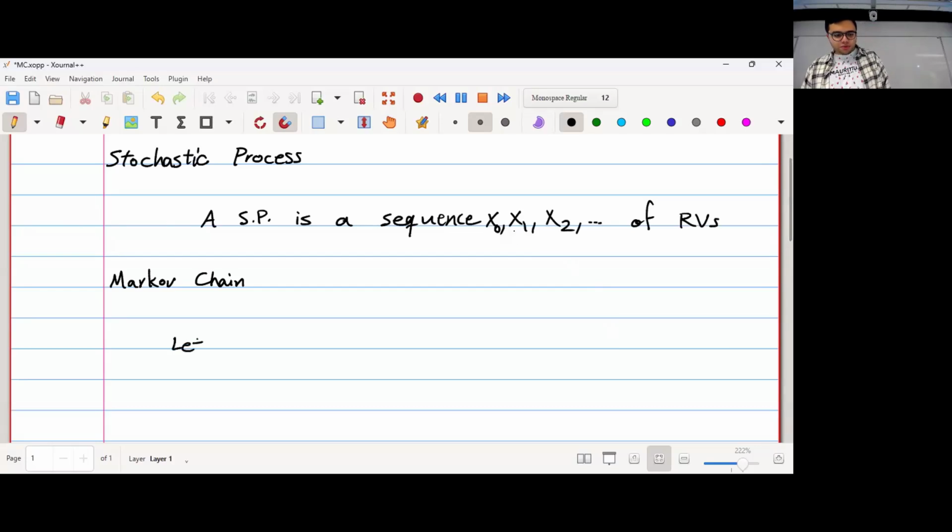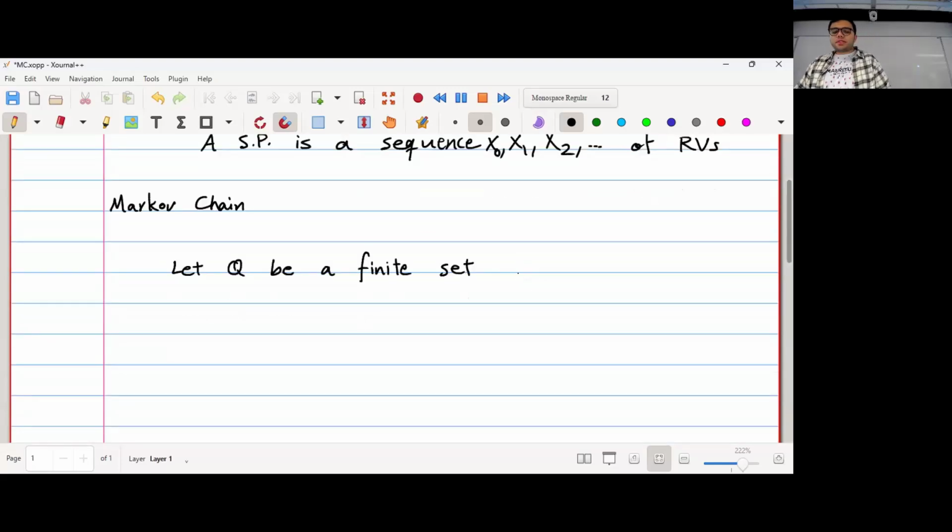Let Q be a set. I'm going to make it finite just to keep the definition easier. And suppose that Q is the range of all of these xi's. For every i, the range of xi is not exactly Q, but a subset of Q. So basically, each one of my random variables is just going to choose one of the elements in Q.